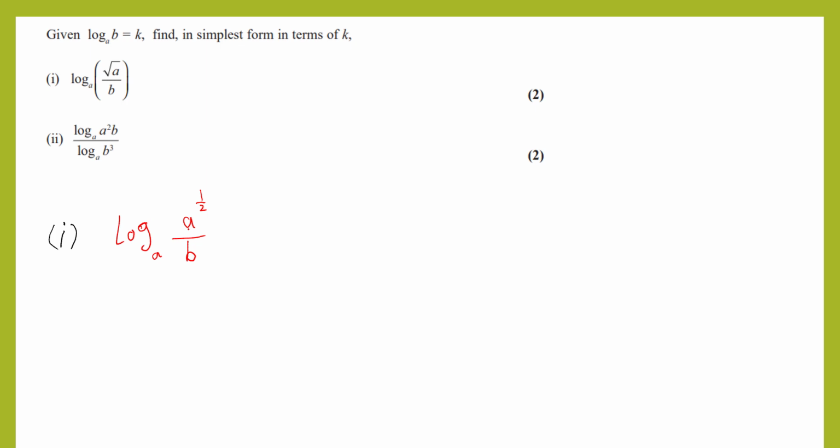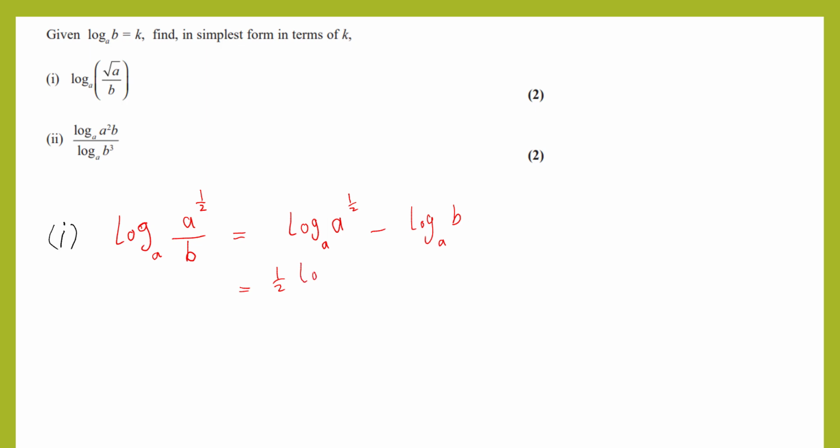Now we have a division, as you know. So let's split the division. Mainly it was what before? The division, it was subtraction with similar bases. So it's log a to the power of half base a minus log b here base a, and we'll take the half out because you know the power goes out.